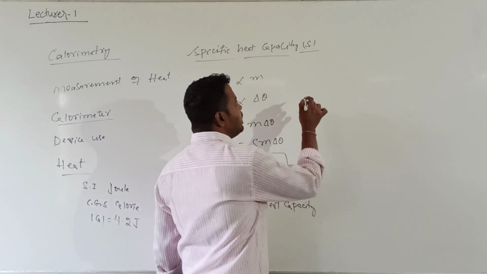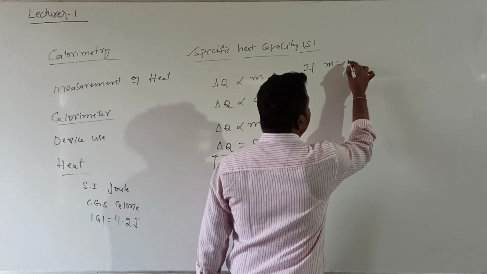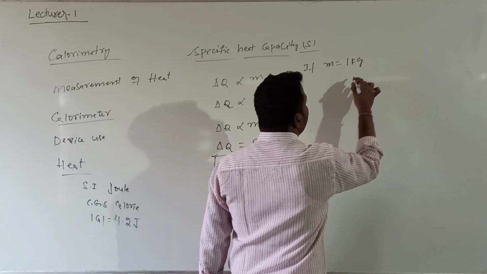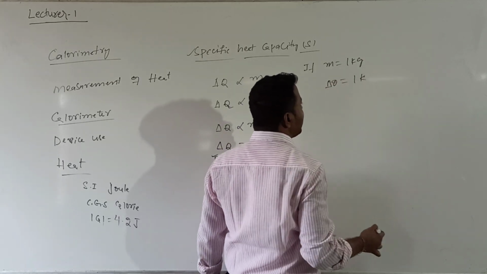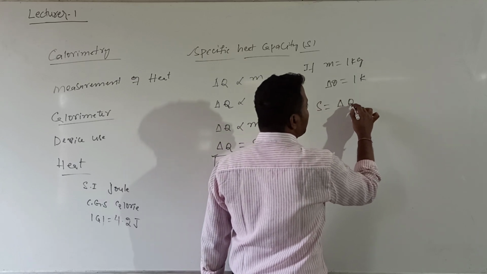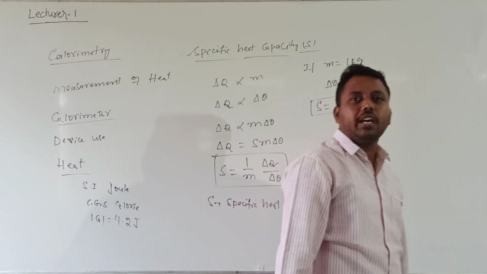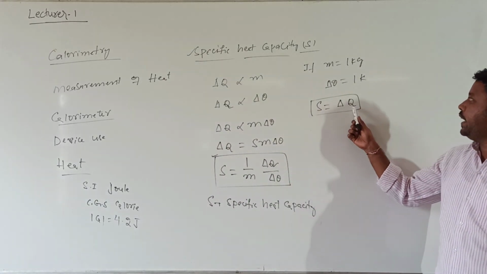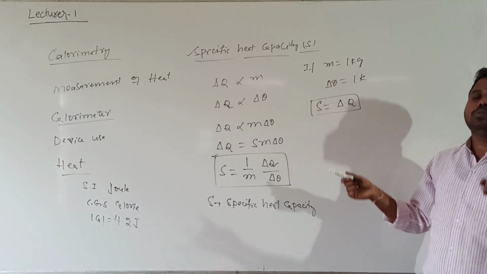So what is the definition of S? If m is equal to 1 kg or 1 unit and delta theta is equal to 1 Kelvin or 1 degree centigrade, then S is equal to delta Q. So specific heat is numerically equal to the amount of heat supplied to raise the temperature of a substance of mass 1 unit.